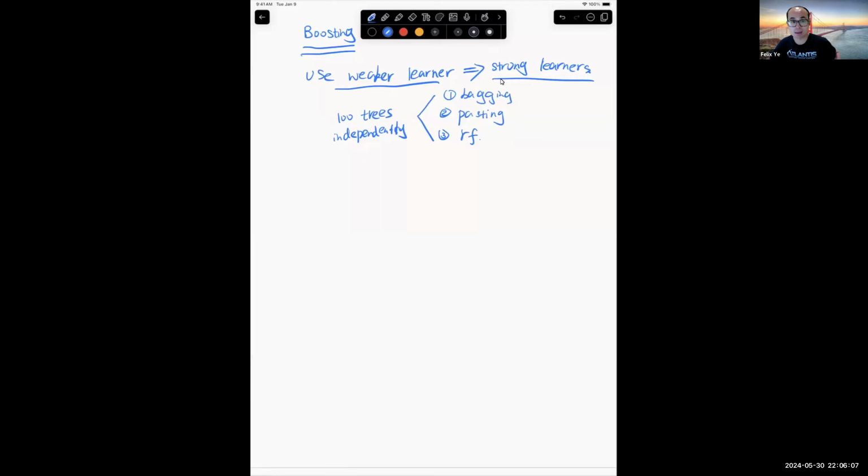That means I create 100 trees independently, using either random forest, bagging, or pasting, it doesn't matter here. But we can make things a little bit better. Can we create 100 trees sequentially?